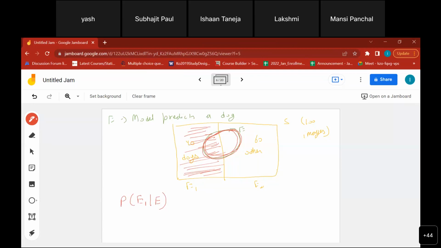Yes. So what is the formula for it? Probability of E intersection E1 divided by the probability of E. Okay, so how would we compute the probability of E? We use the law of total probability, right? Yeah. Okay, so the probability of E would be E intersection E1 plus E intersection E2, right?